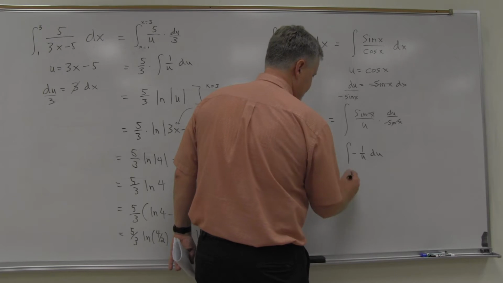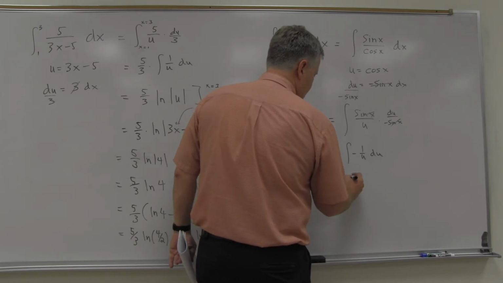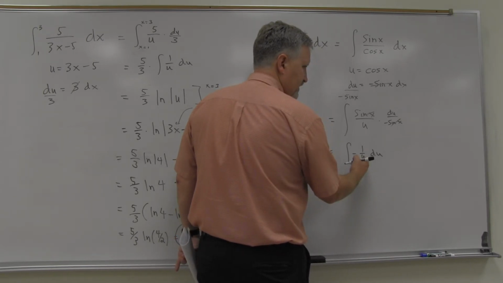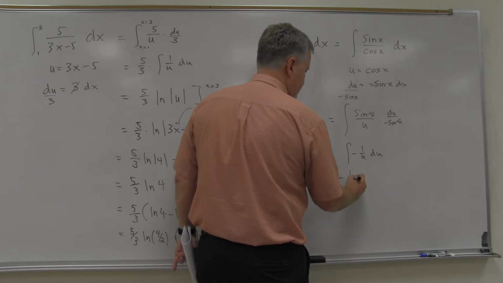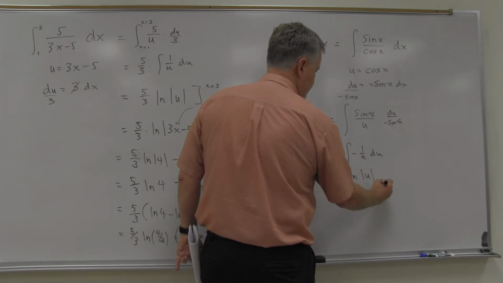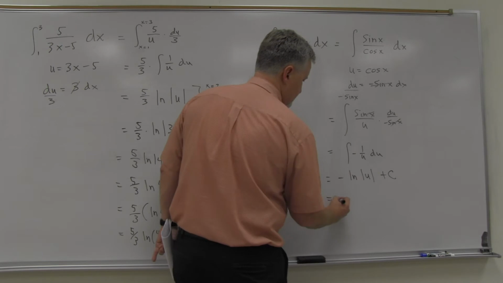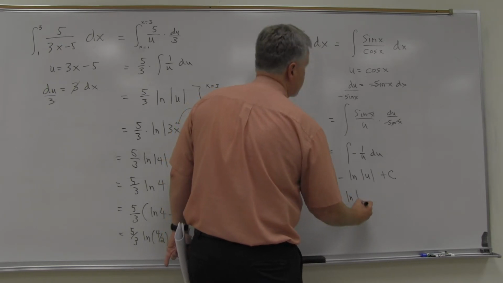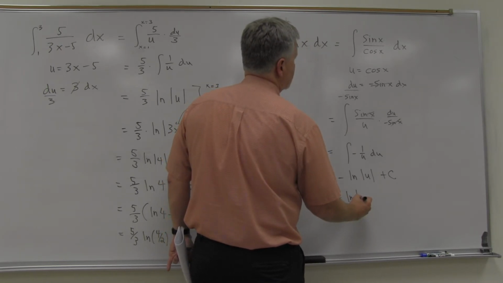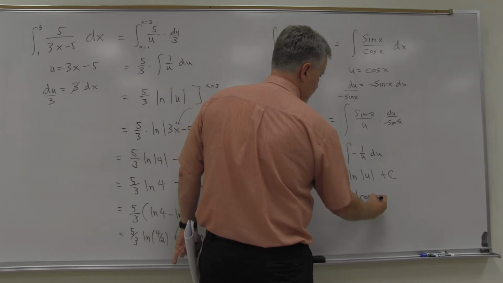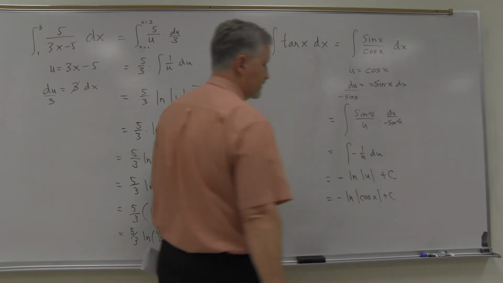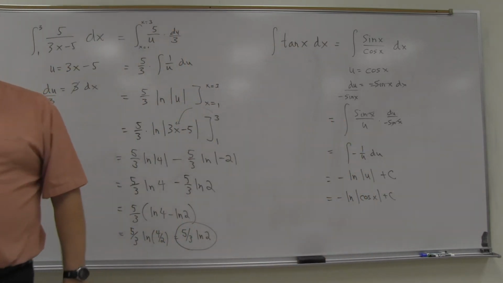I guess we'll go ahead and finish. So the antiderivative would be minus ln of u, minus ln of the absolute value of cosine, which is what u is. That's not how the answer appears though.